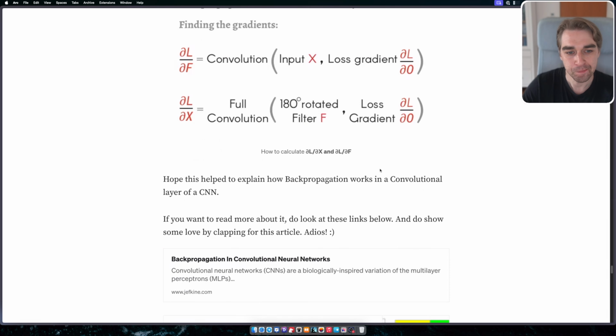And that's it. Hope this helps to explain how backpropagation works in the convolutional layer of a CNN.